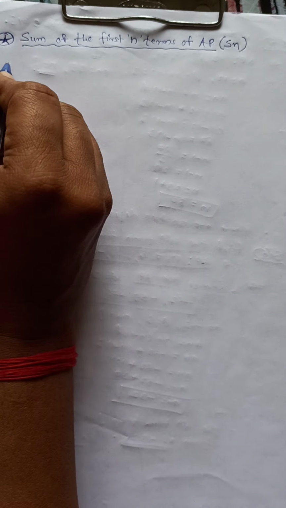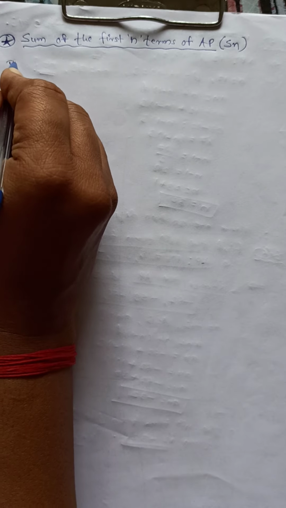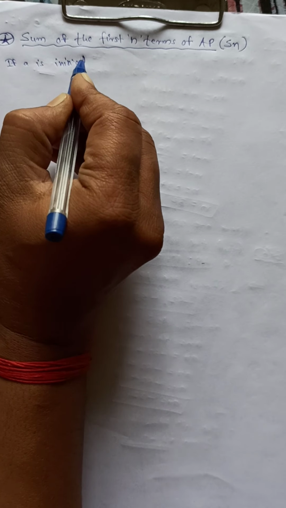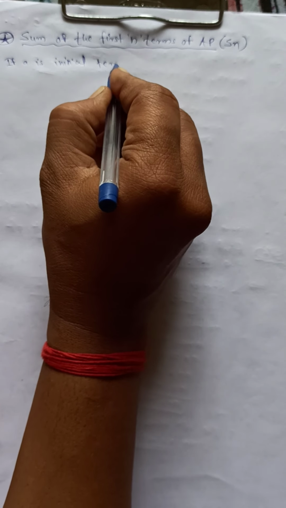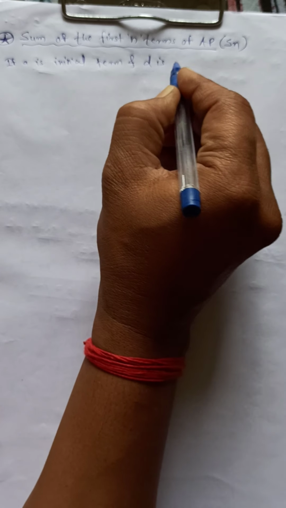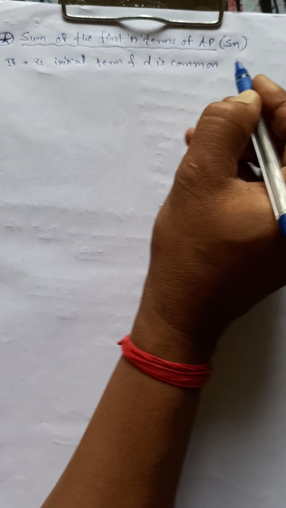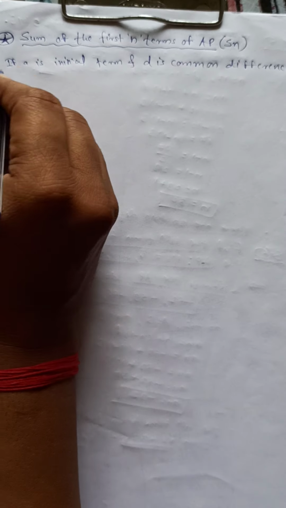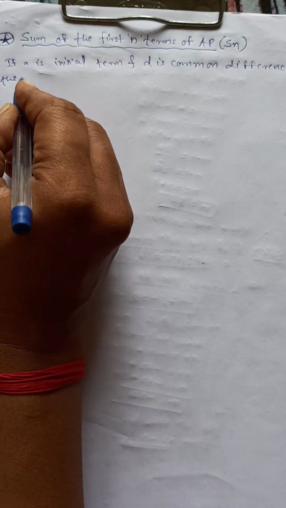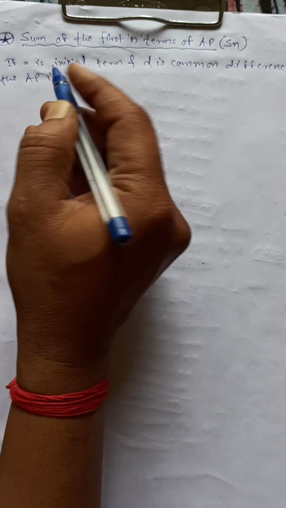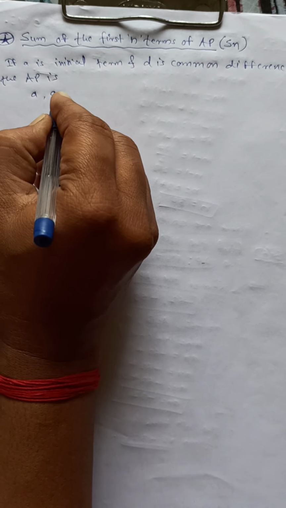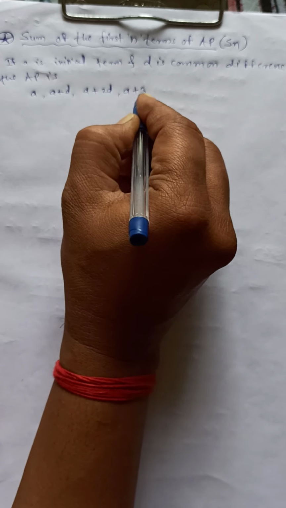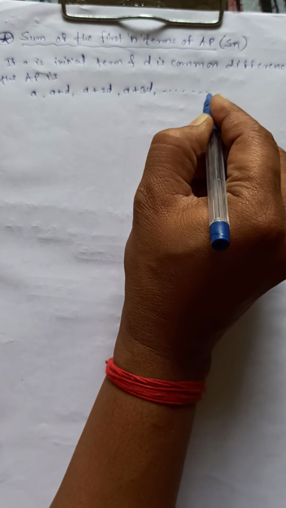Okay, so if A is the initial term and D is the common difference, then the AP is A, A plus D, A plus 2D, A plus 3D, and so on.